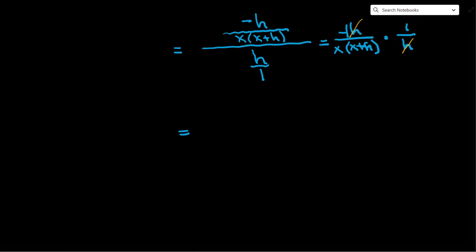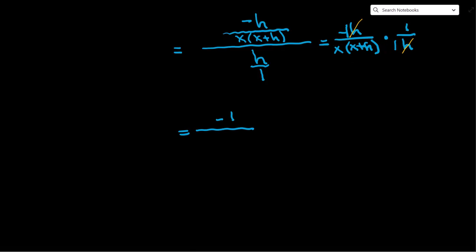Our numerator is going to be negative 1 over, now in the denominator, this h right here really has a coefficient of 1 on it. So we're just going to take 1 times this.